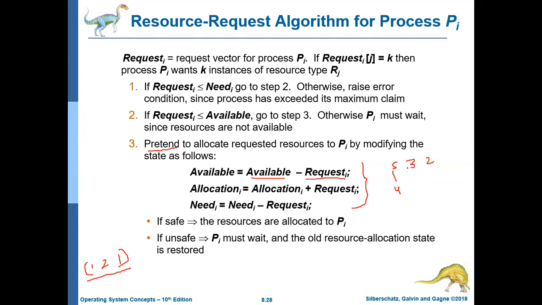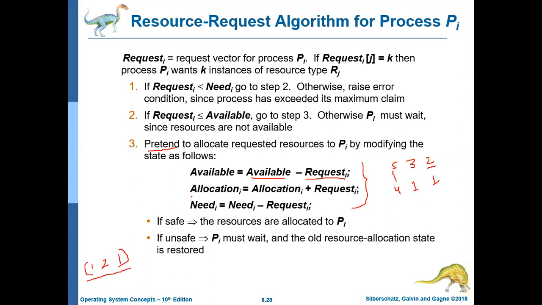You had 3 R2, you allocated 2 R2, now you will have 1 R2. You had 2 R3, you allocated 1 R3, so you will have 1 R3. So the final available equals available minus request. You are decrementing the available by this request.